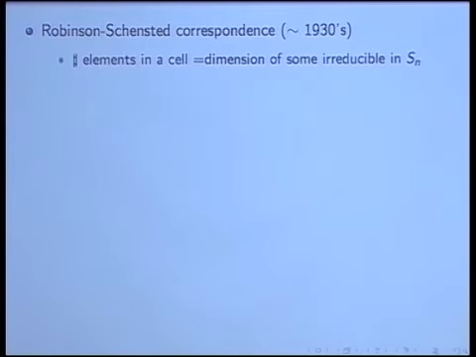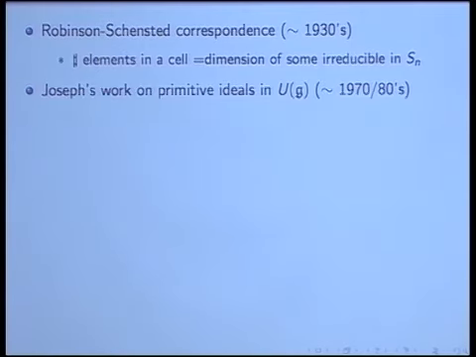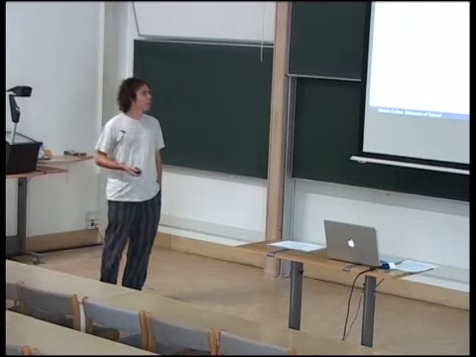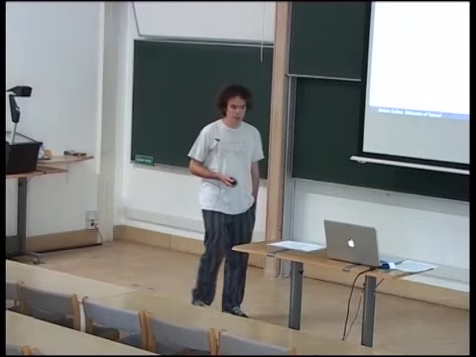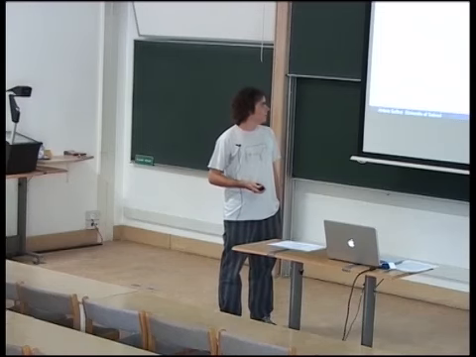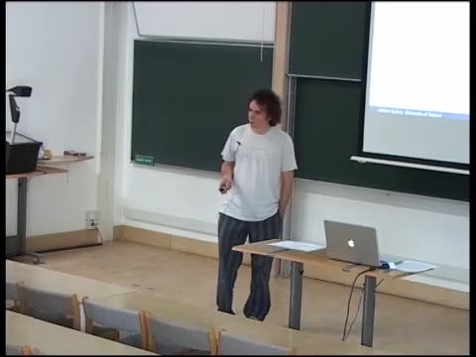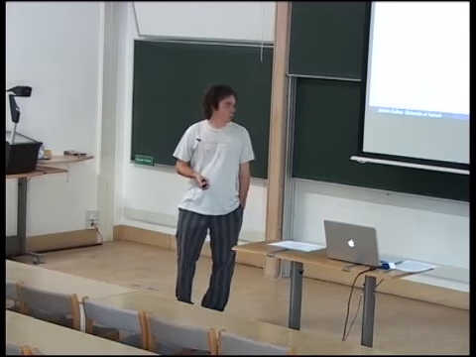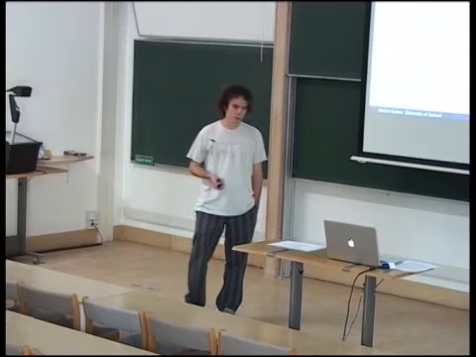Later on, Joseph defined cells for an arbitrary Weyl group using primitive ideals in the enveloping algebra of a complex semi-simple Lie algebra. Then, in this setting, every left cell is a basis of a representation of W, where W is a Weyl group.